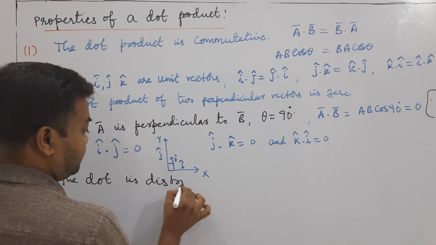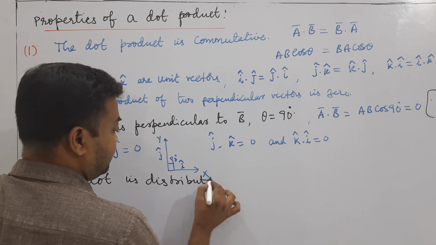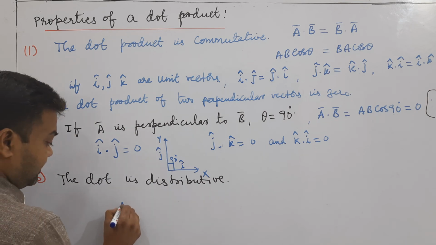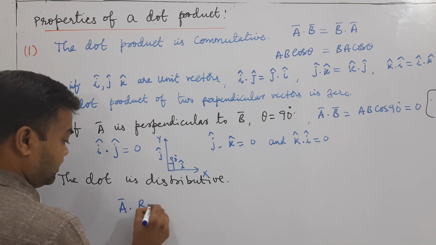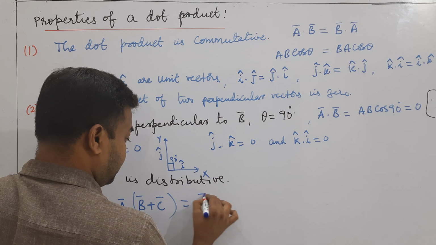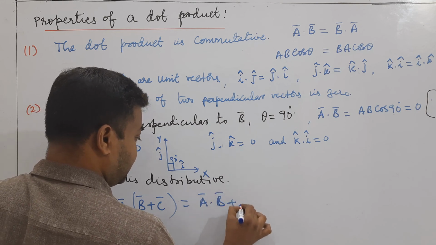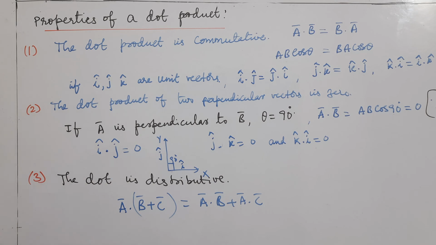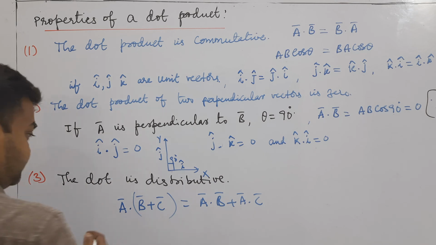distributive, means it obeys the distributive law. Means a bar dot (b bar plus c bar) is equal to a bar dot b bar plus a bar dot c bar. Like this, it obeys the distributive law.